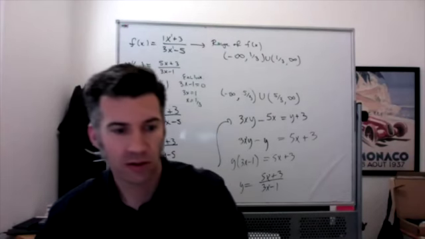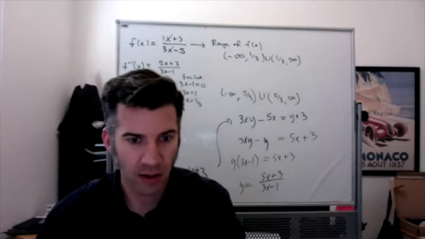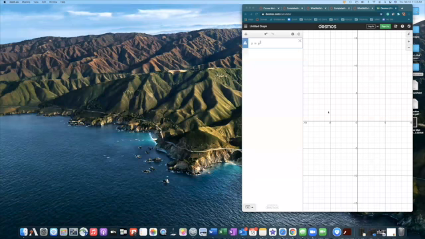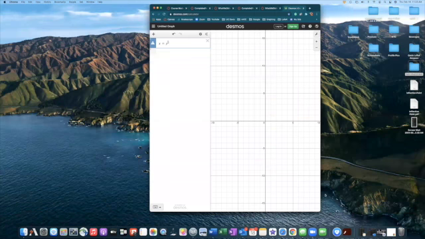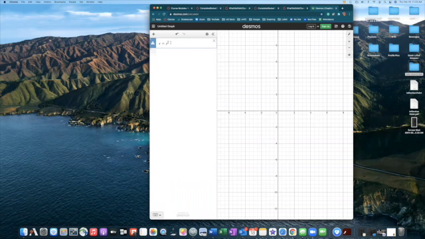So on Desmos, which I think is useful, if you were going to graph the original function, we do that one first, which is y equal to (x plus 3) divided by (3x minus 5).